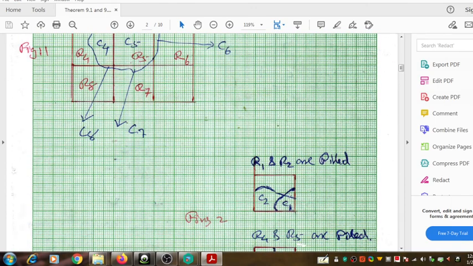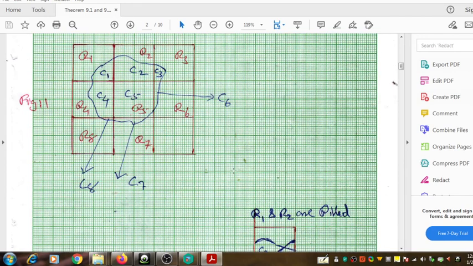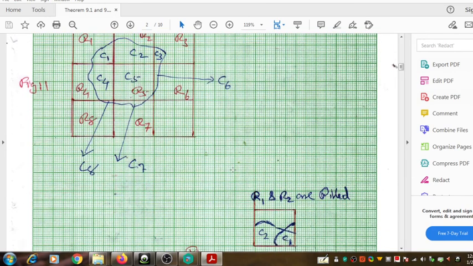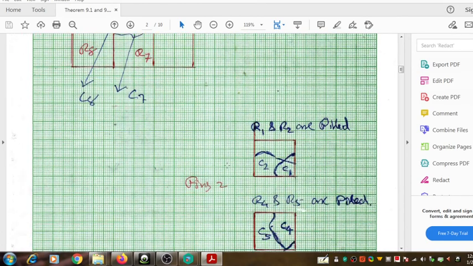In a similar way, we get all subsets C1, C2, C3, up to C8 in the same rectangular region, capital R.